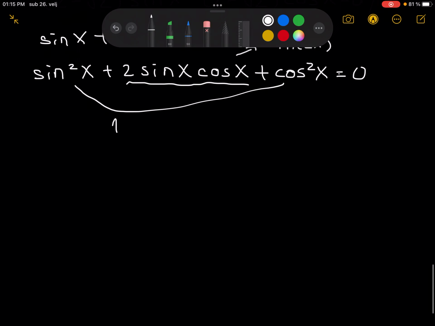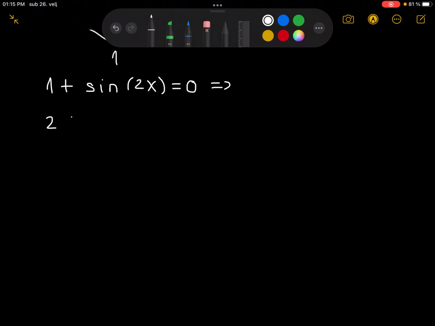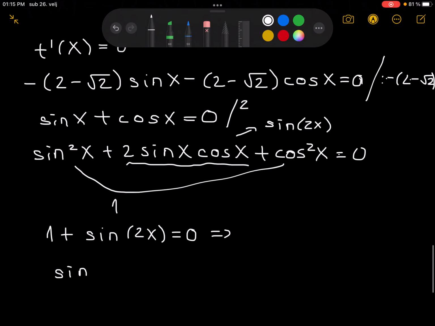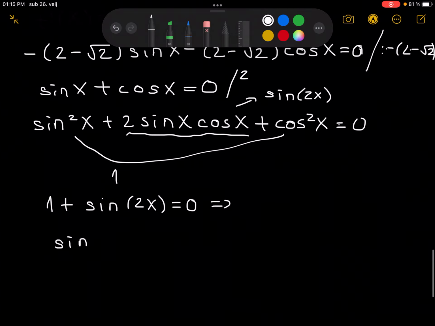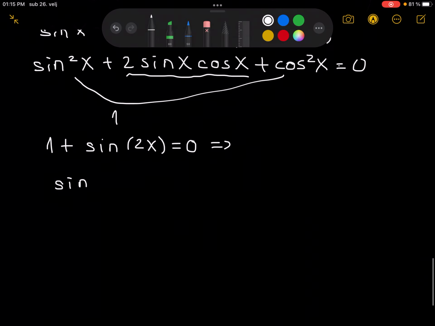So that means that we can transform this equation to be 1 plus sine of 2x is equal to 0, or in other words, sine of 2x is equal to negative 1.